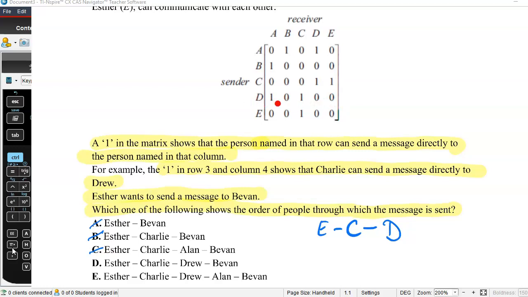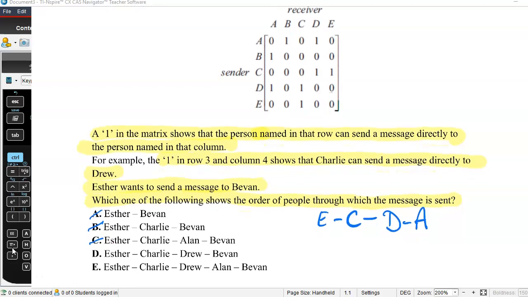He can only talk to Alan or Charlie. And he's not going to send it back to Charlie, so he's going to send it to Alan. And just to finish it off, now that Alan's got it, Alan can send it to Bevan.